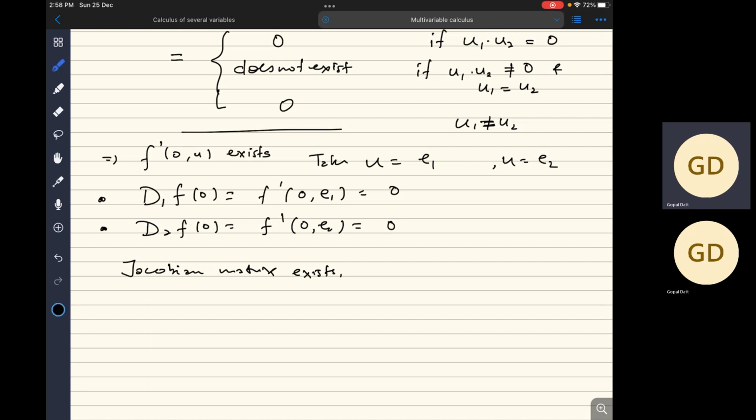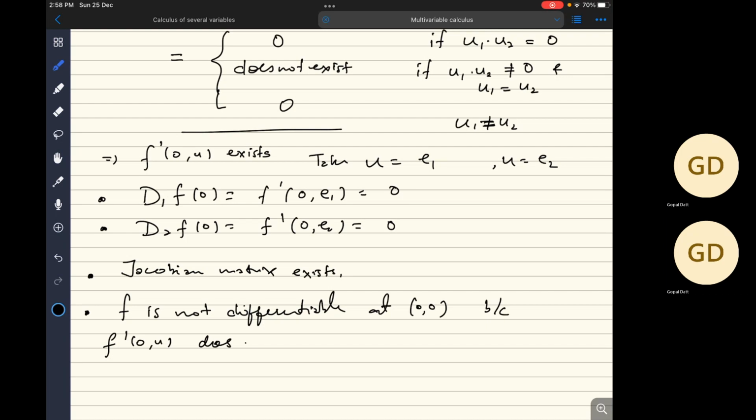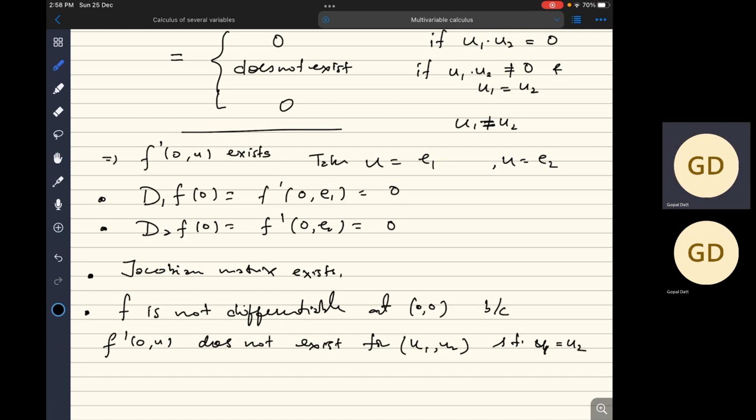So f is not differentiable at the origin, because f dash 0 u does not exist for u1, u2 such that u1 equals u2.